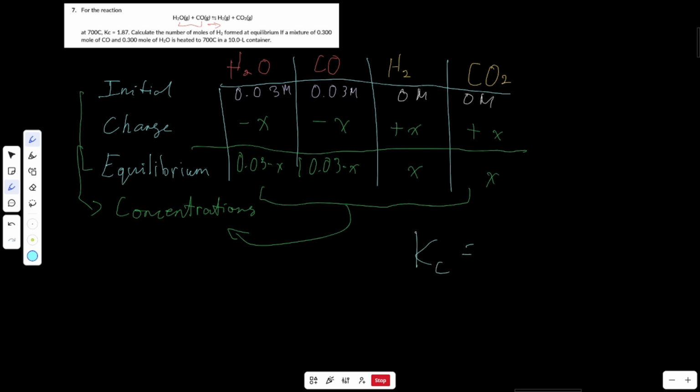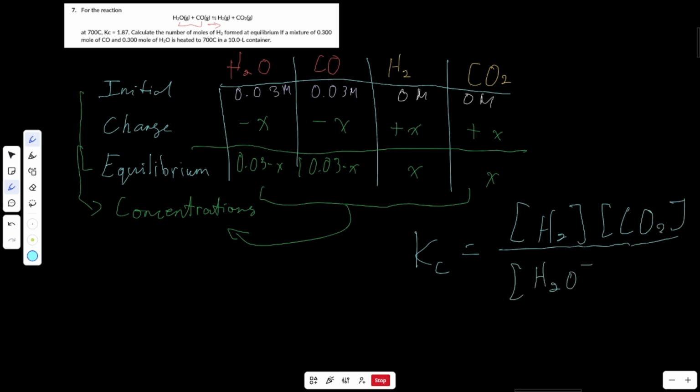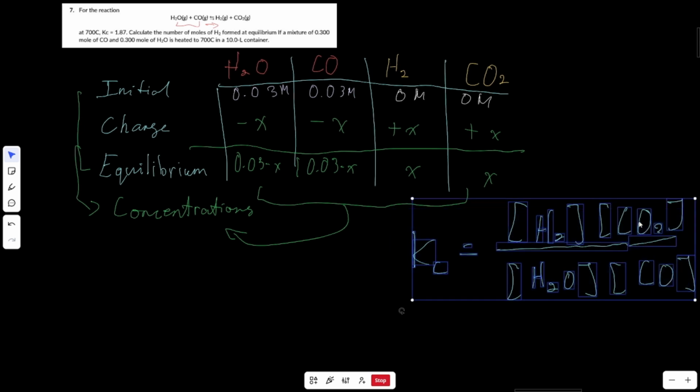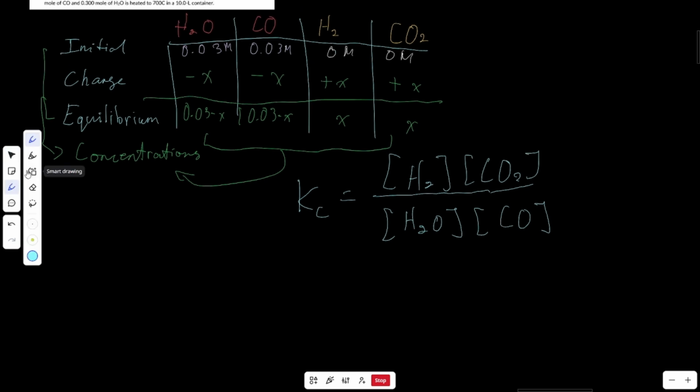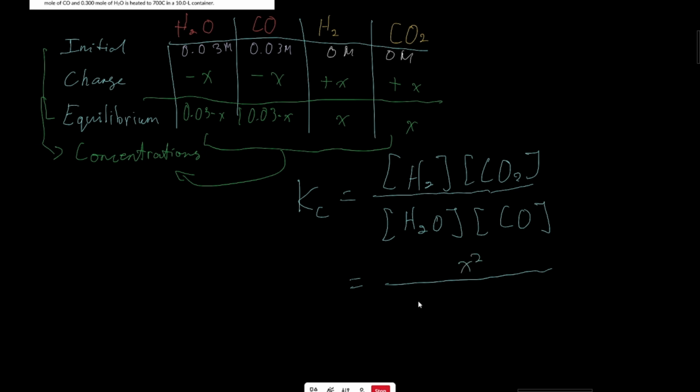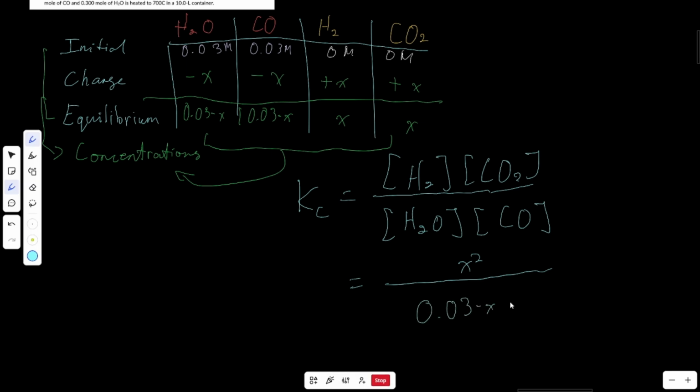Let's write the whole expression first: Kc equals CO2 times H2 over H2O times CO. Now if we substitute our values here, these two are both equivalent to x, so that's x times x, which will just be x squared, over 0.03 minus x times 0.03 minus x, which would just be 0.03 minus x squared.